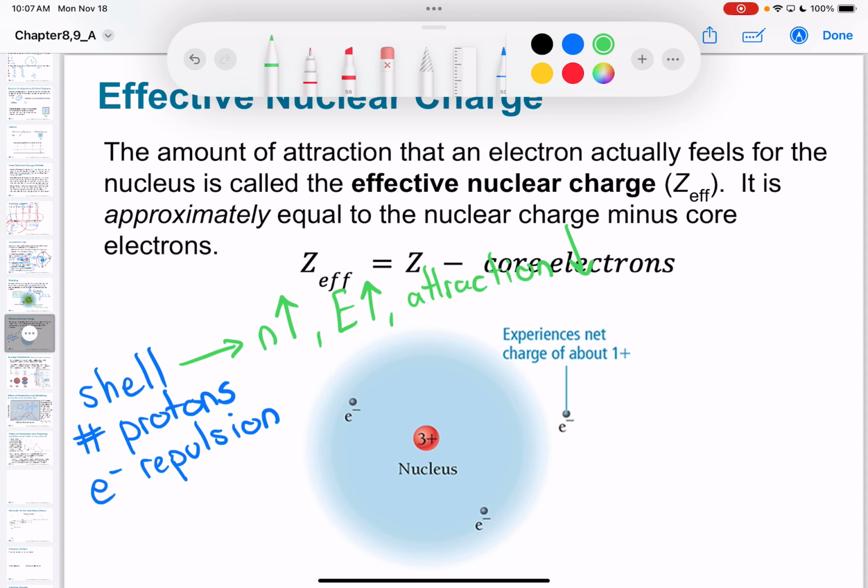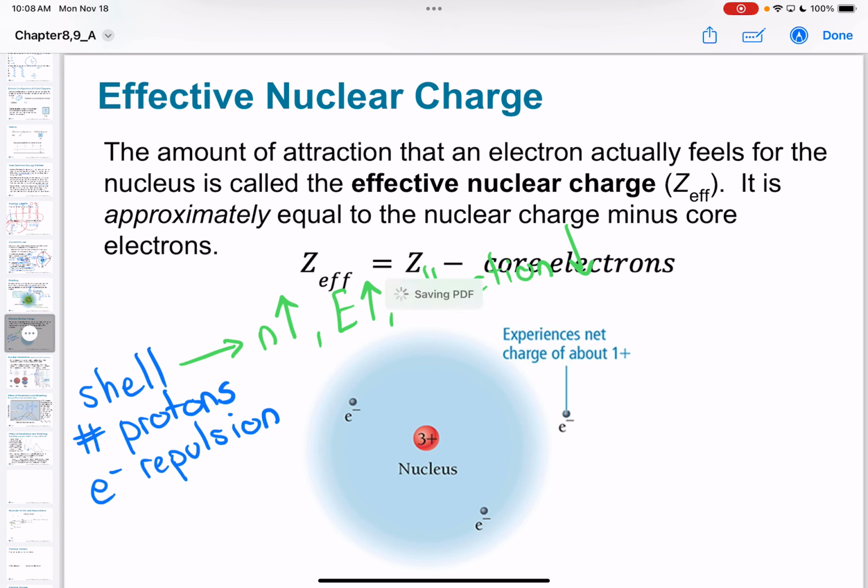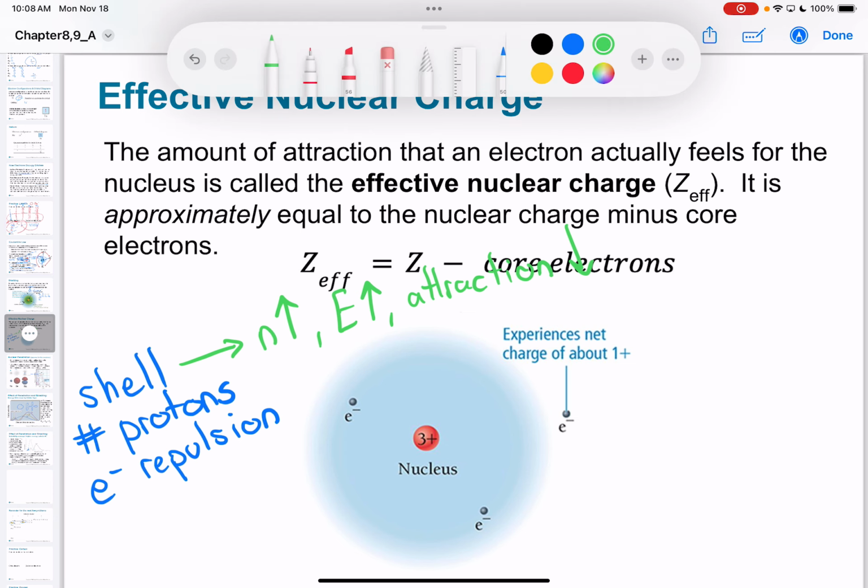Now, if you go through some of the problems in the textbook, it might talk about this. I will not ask you to calculate a Z effective, okay? But if you run across it in the homework problems, Z effective, you basically just subtract off the core electrons. Remember Z stands for the atomic number, which is the number of protons.